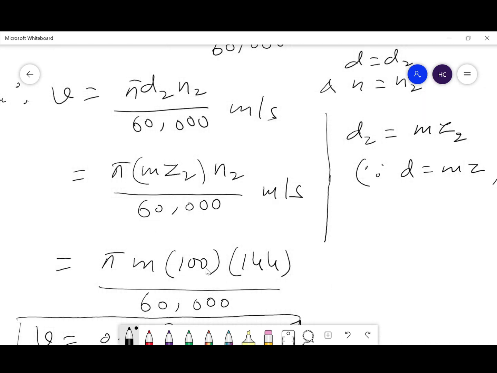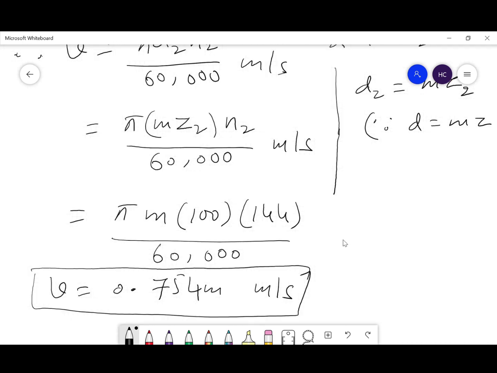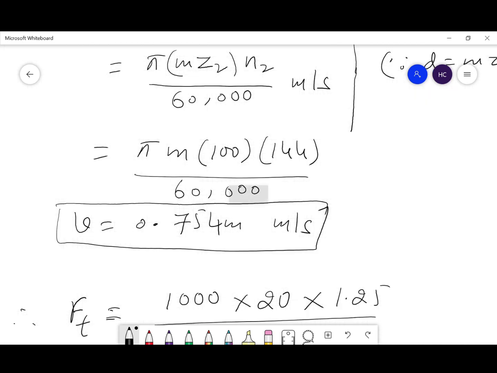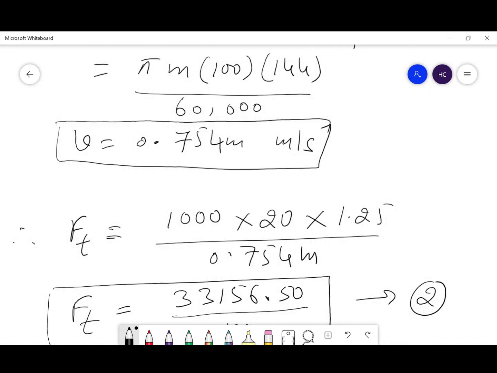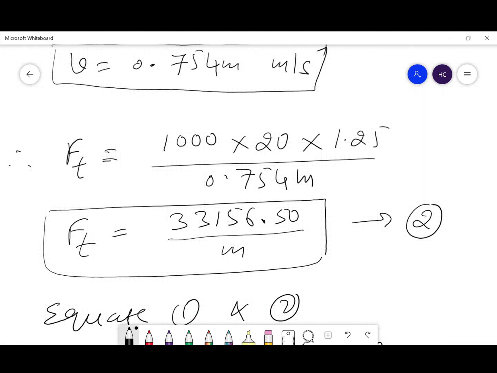Substituting these values, that is Z2 is 100 and speed 144 rpm, we get velocity in terms of module as V is equal to 0.754 m meter per second. Now substituting these values, we obtain Ft is equal to 33,156.50 by m.